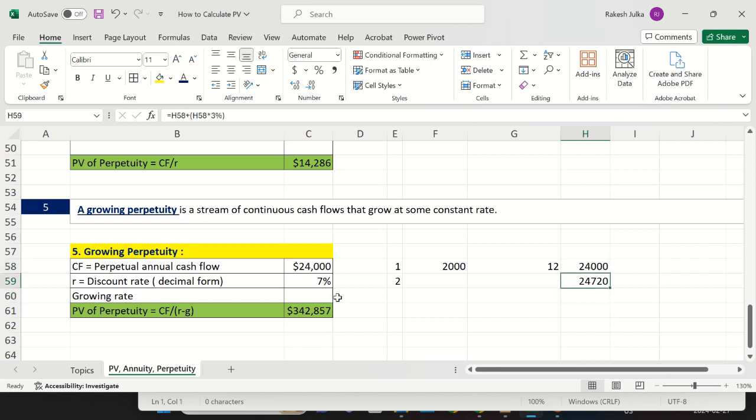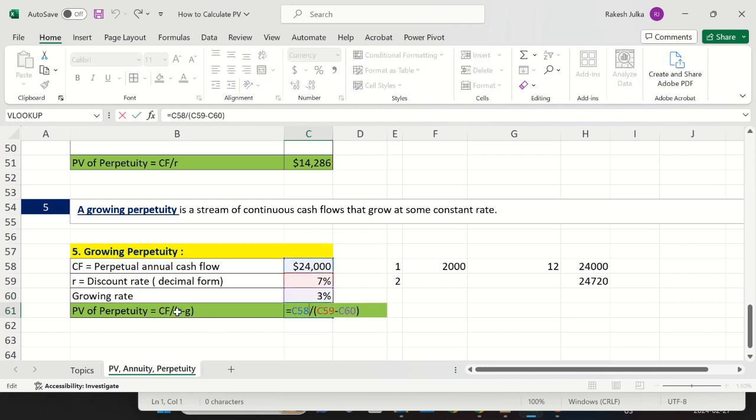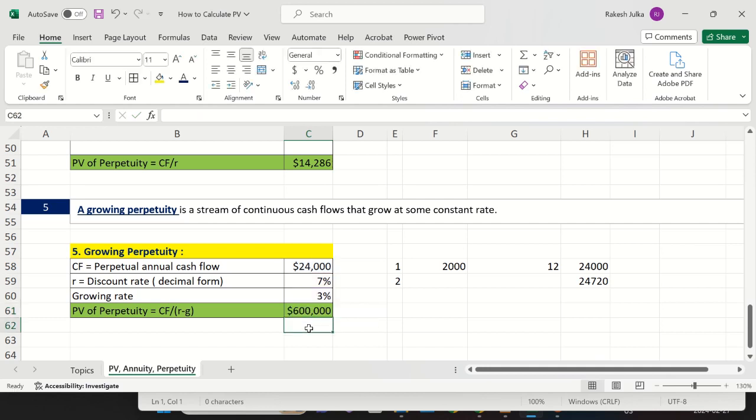So what I do is write 3% here, and in the formula you can see r minus g, so 7 minus 3 is equal to 4. So this much, it means $600,000 is required today.